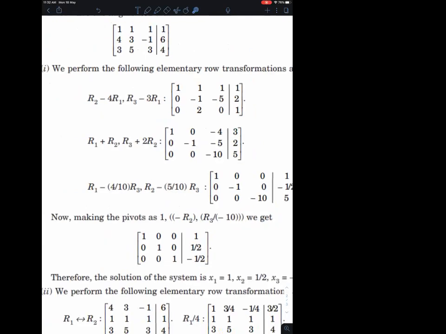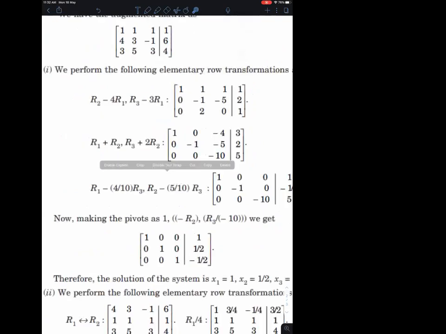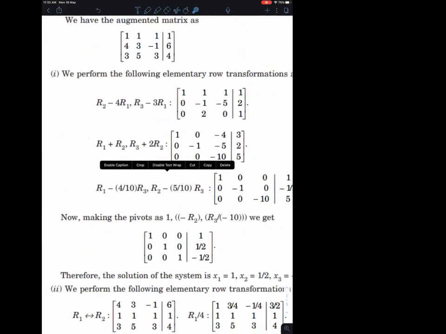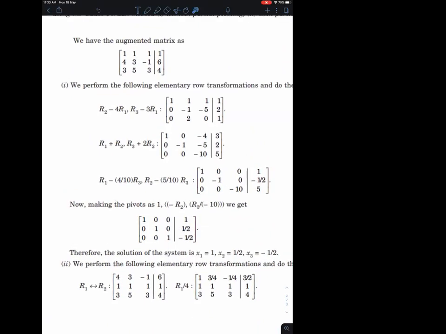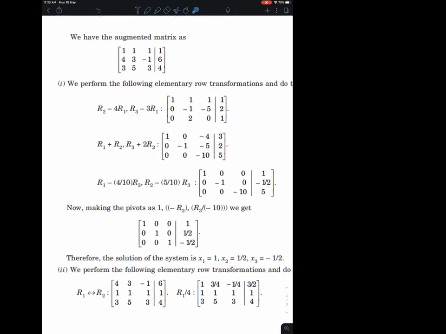Like in this one here, row 1, what operation is performed on row 1? You add row 2 to row 1. And this is your row 1. Now you're adding row 2 to this row. Once you add that, you will end up getting this.